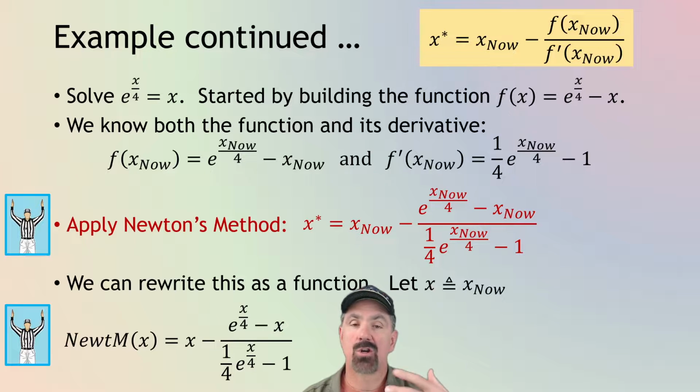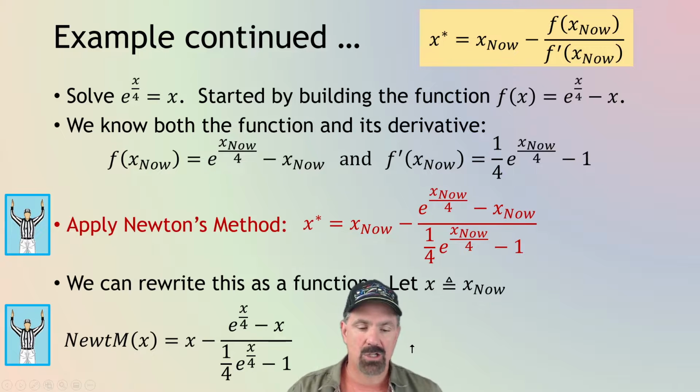And that is recursion. So we're going to take the first output and it becomes the second input. And that's going to give us a second output, which becomes the third input. And we just continue this process until we're satisfied with the approximation for the zero. So this is the idea behind Newton's method.